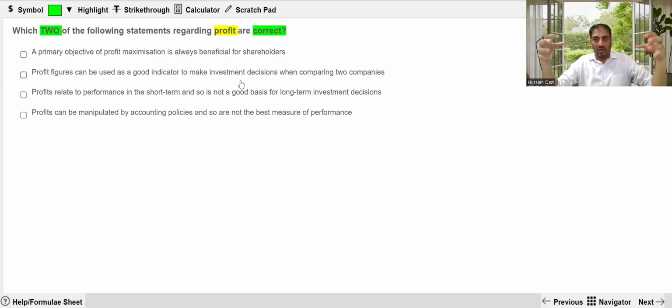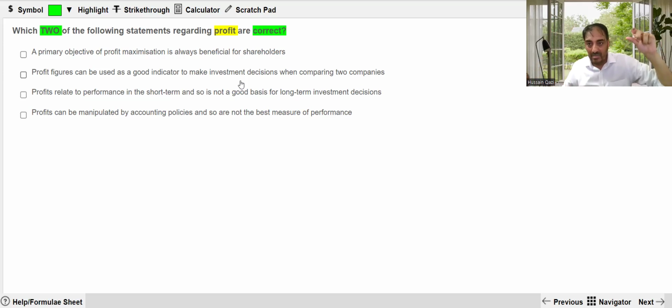But if you want to take an investment decision, there is another piece of information: company A's 12,000 is based on capital employed of 2 lakh, and company B's 10,000 profit is based on capital employed of 1 lakh. So although company A earns 12,000 profit, based on 200,000 capital employed that is 6% ROI. But company B generates lesser profit of 10,000, based on capital employed of 100,000, and that's 10% ROI.